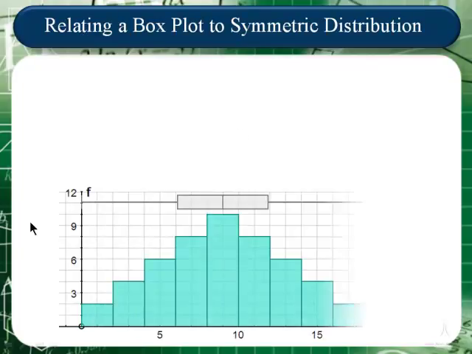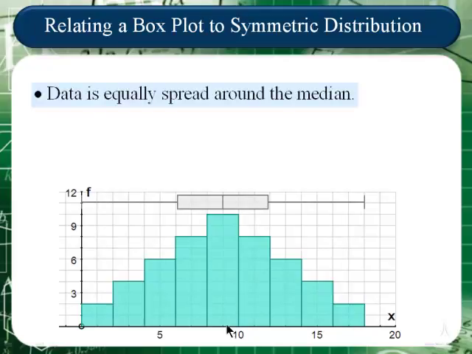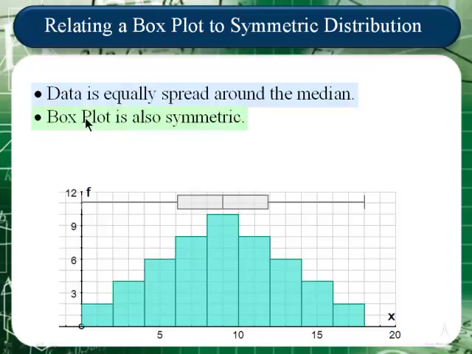We can relate a box plot to a symmetric distribution. Now, if we consider the histogram and the box plot here, we find the data is equally spread around the median. The box plot is also symmetric.